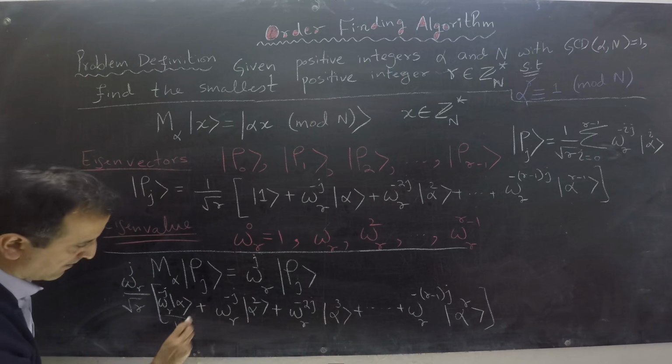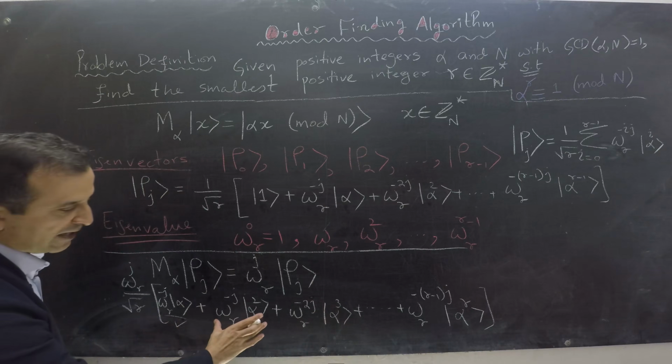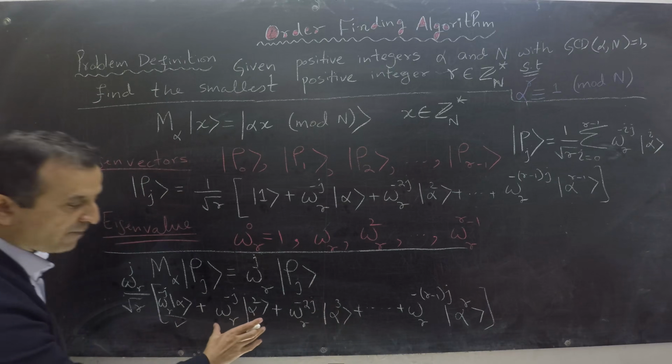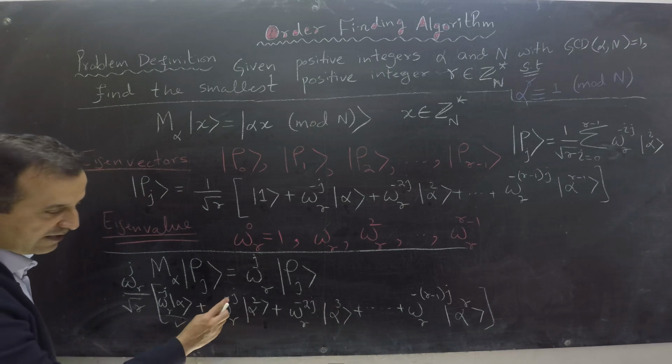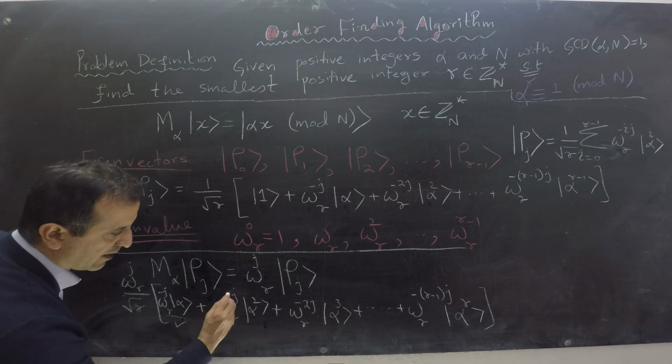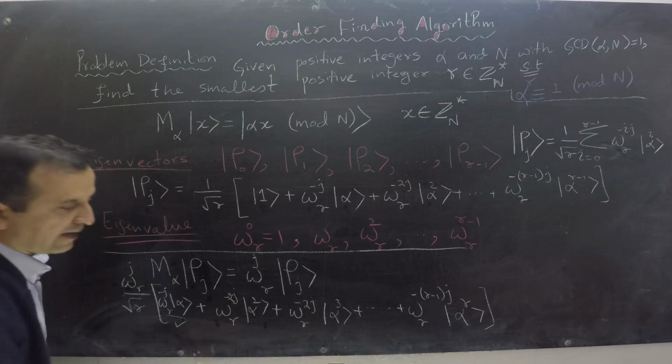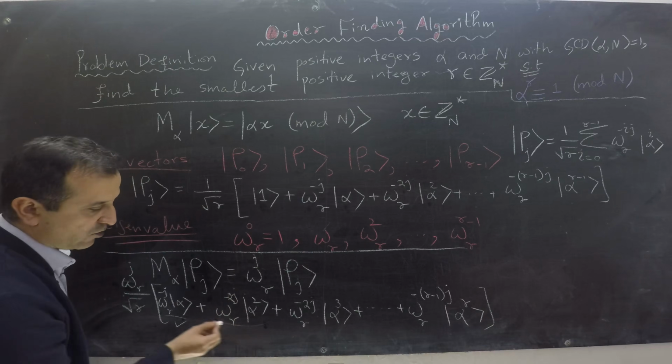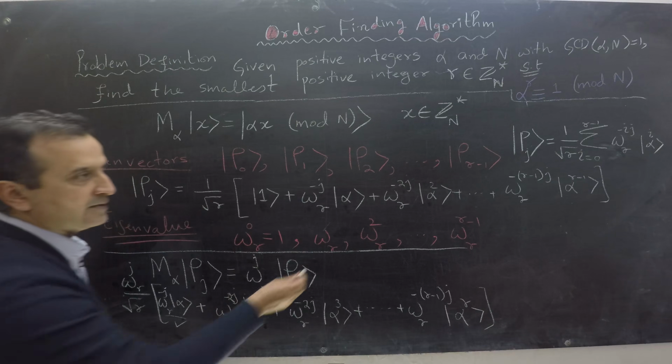This will be multiplied by omega r raised to power minus j, so this will become minus 2j here, and this is the correct entry of rho j.